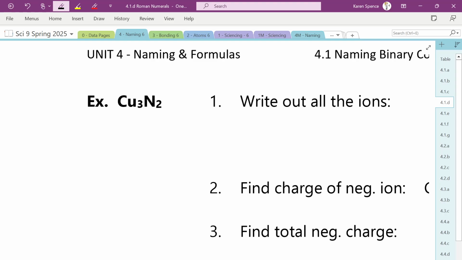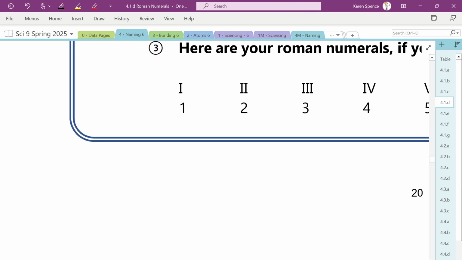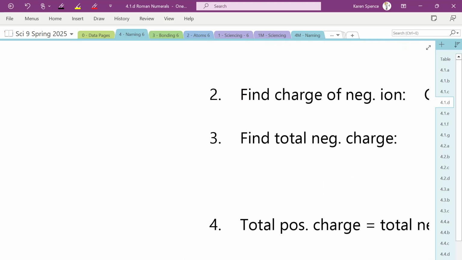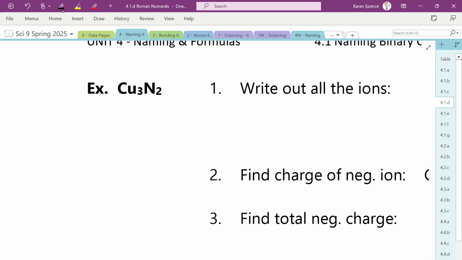Step number 1, this is on page 20. First thing we're going to do, write out all your ions.